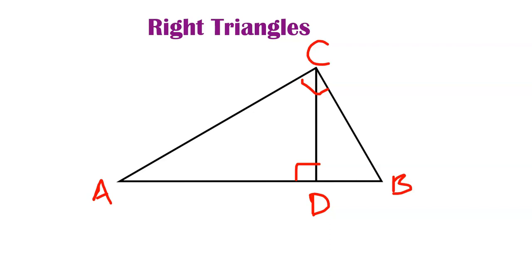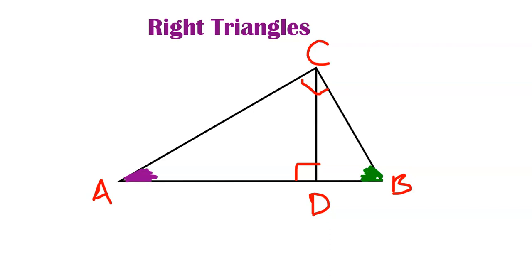And if we start keeping track of the angles, we can see that all of them, in fact, are similar. So angle A, for example, we will color in purple. Angle B, we will color in green, and the right angles will stay as right angles. So those are the angles of the original right triangle ABC.